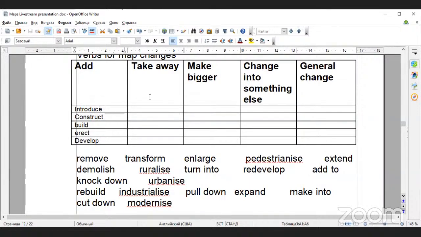Okay, and now could you please type the words which mean take away? So from this list, which words mean take away?